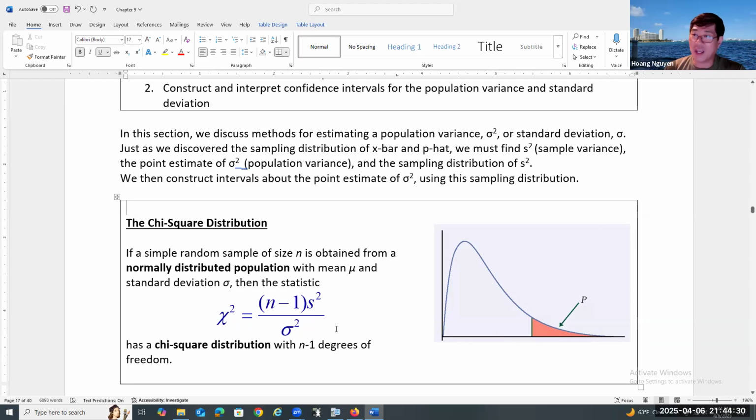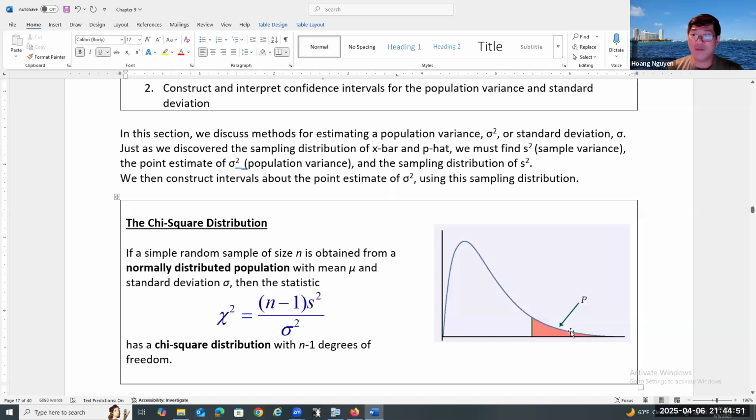That is the definition of the chi-square distribution. When we do the calculation n minus 1 times s squared over sigma squared, that calculation will follow the chi-square distribution with n minus 1 degrees of freedom.